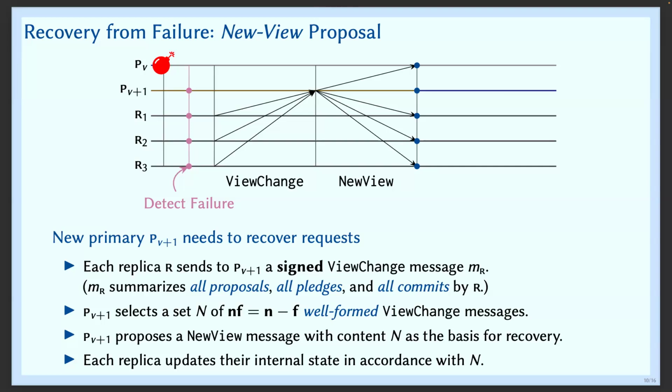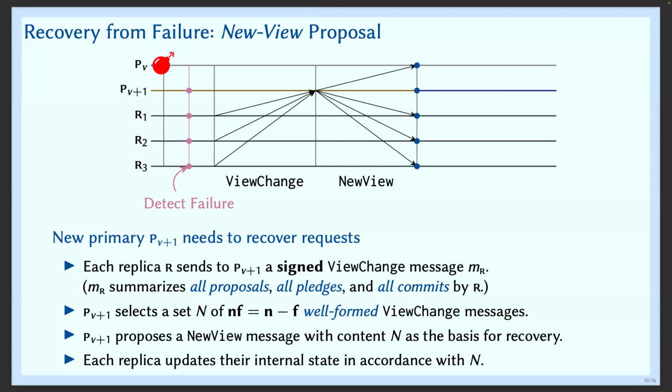The history that it proposes is considered a new view. It says, according to the information that I received, these are all the requests that were prepared. And that becomes the new view.